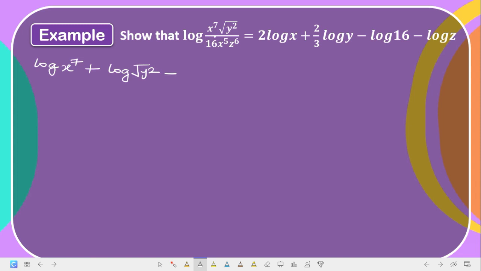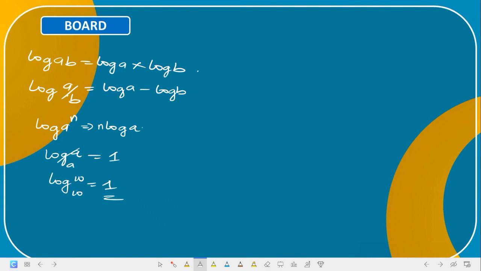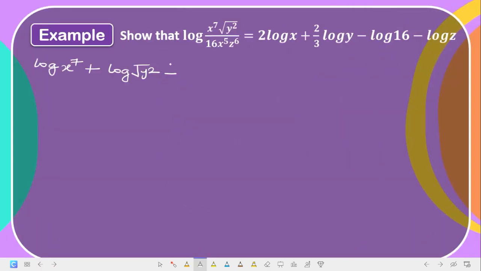What we have here is division. And from the table I gave, if division is there, a over b, it means it will be what? Minus. Exactly. So we come here and say minus log. This will be minus log. What are we going to have here? 16. Are you getting it now?